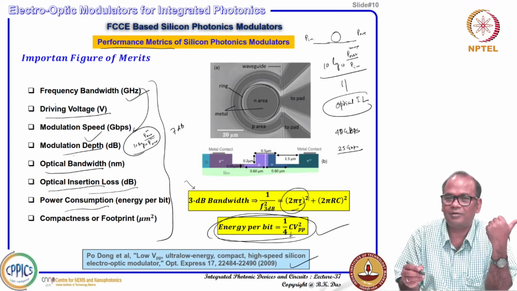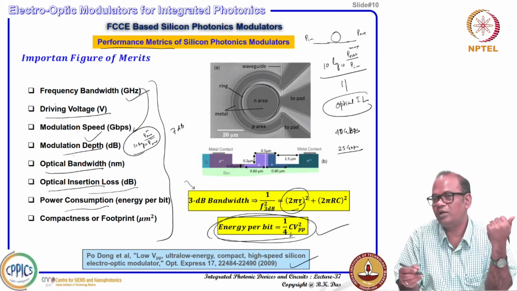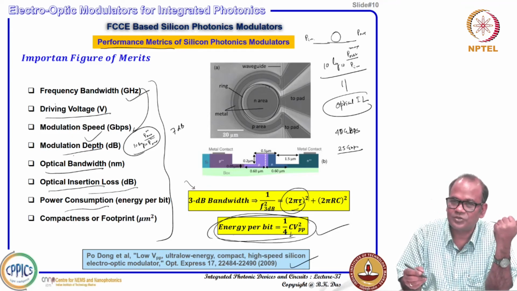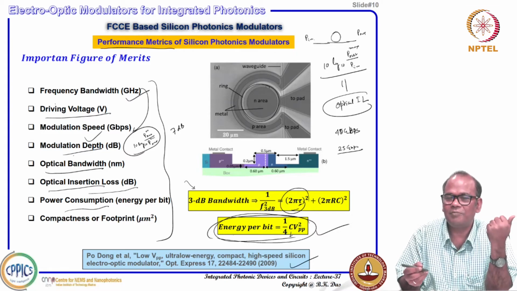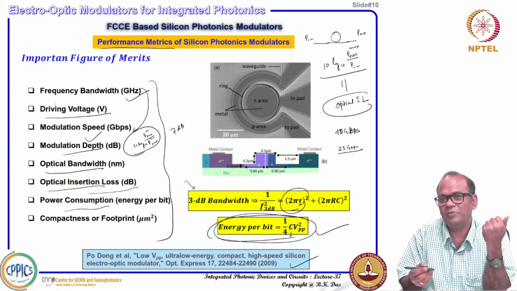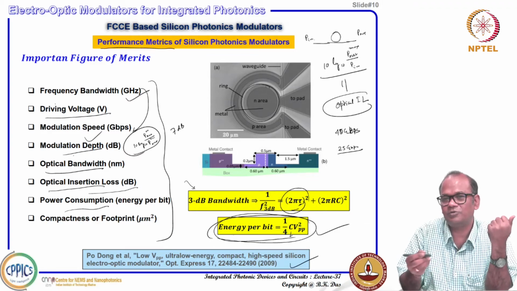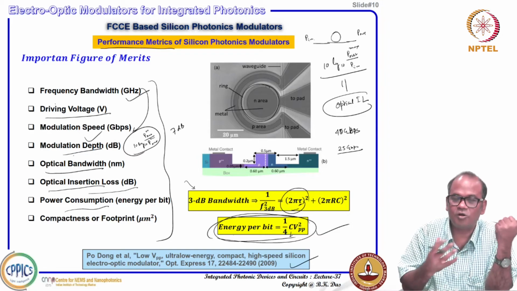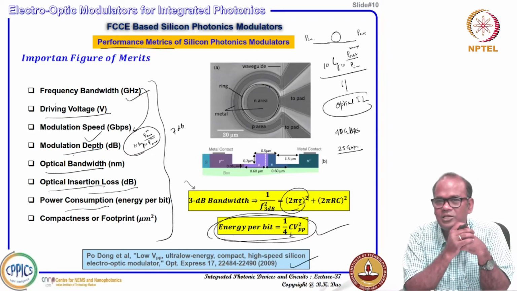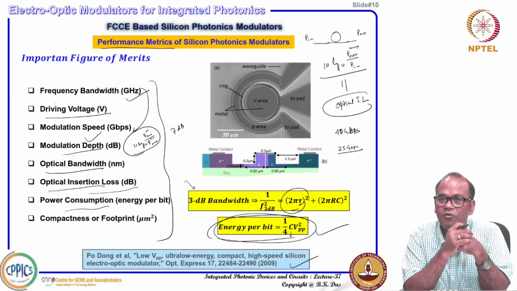So you cannot use a very high Q micro ring resonator for modulation purposes. If the Q value is very high, your tau will be high, which means it will store the energy for a longer time because loss is less. So for high speed modulation you need a low Q value.